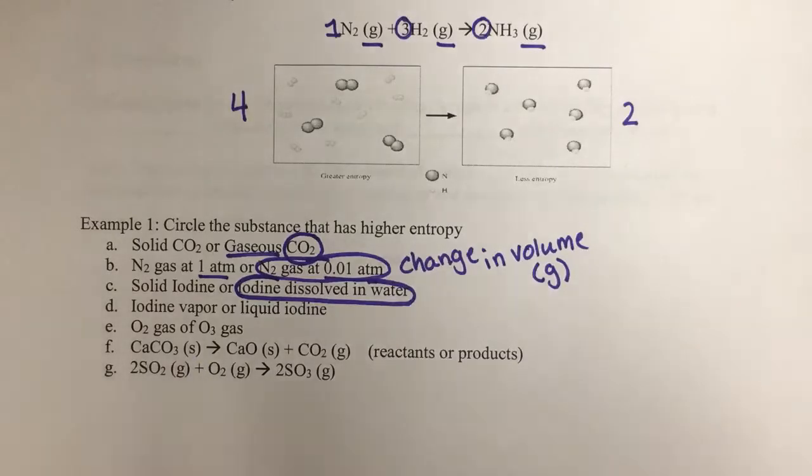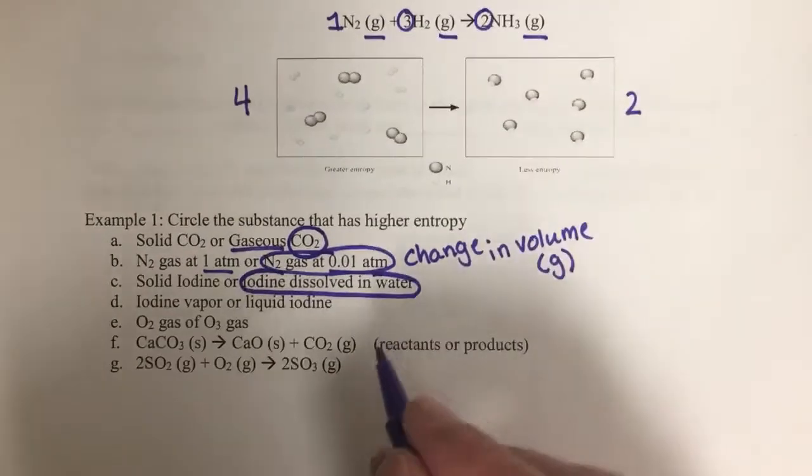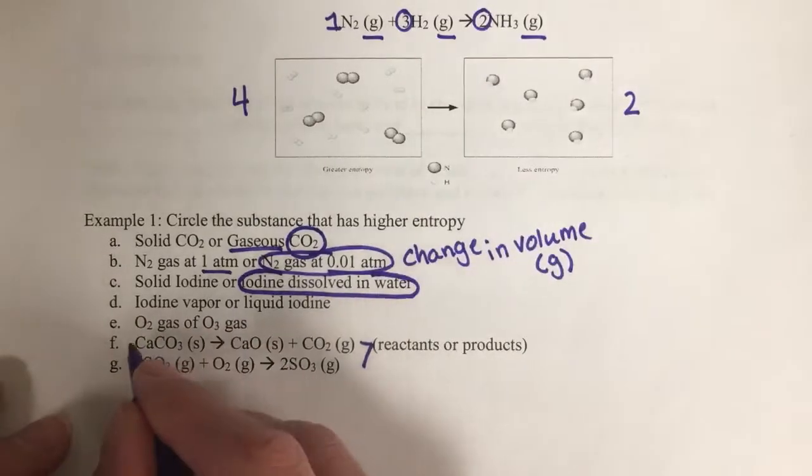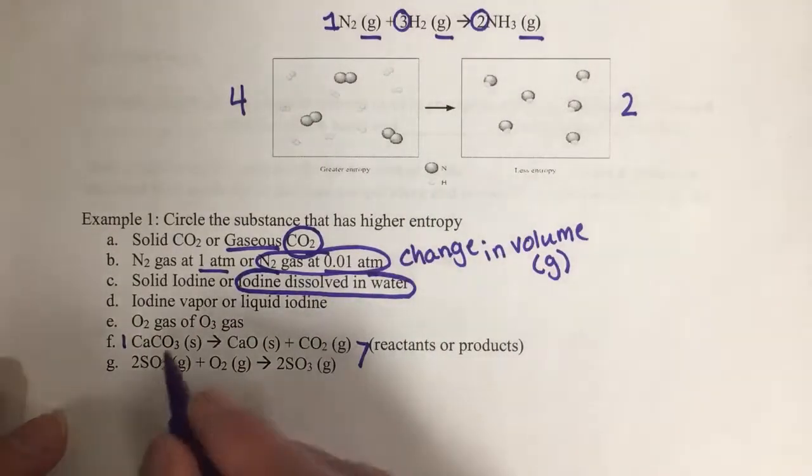Now, F and G, we're looking at chemical reactions. So we want to look at whether our reactants or our products are going to be higher entropy or lower entropy. So for example, in F, I'm starting with one molecule, and it's a solid.